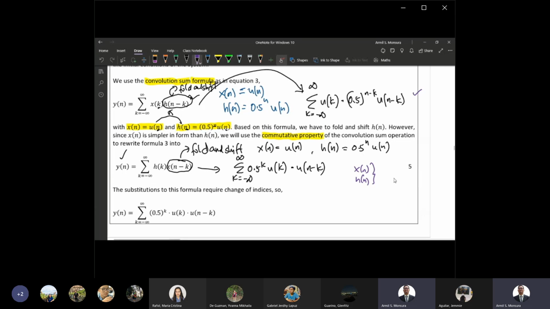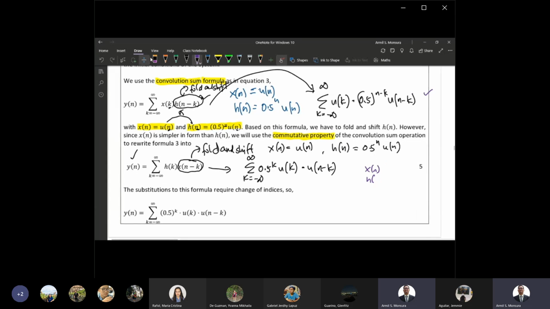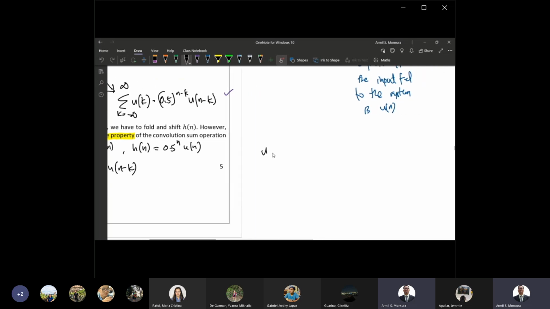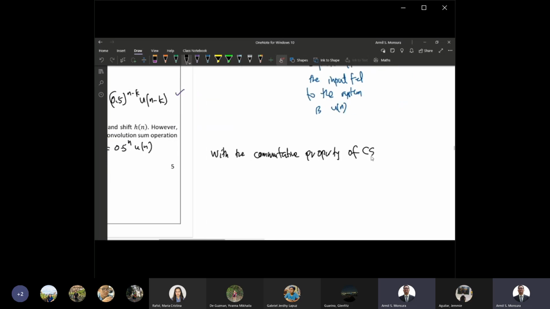Okay? Pwede niyo, using the commutative property of the convolution sum, okay?